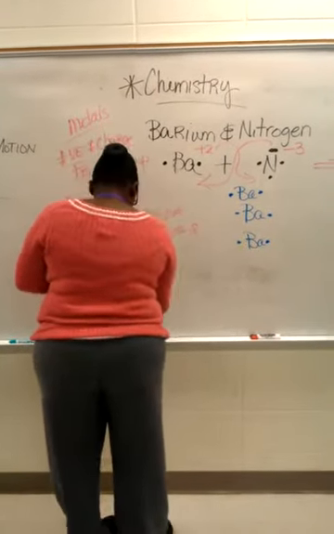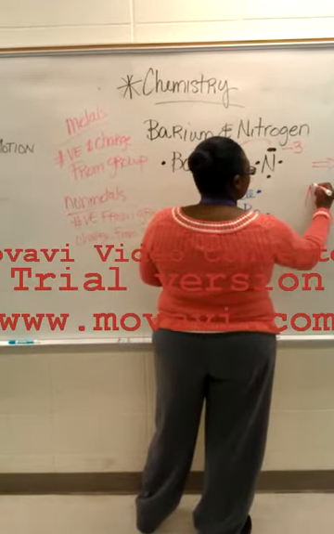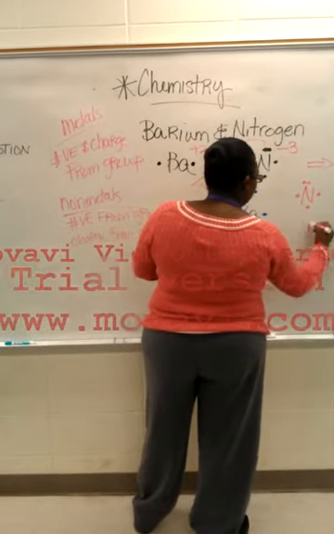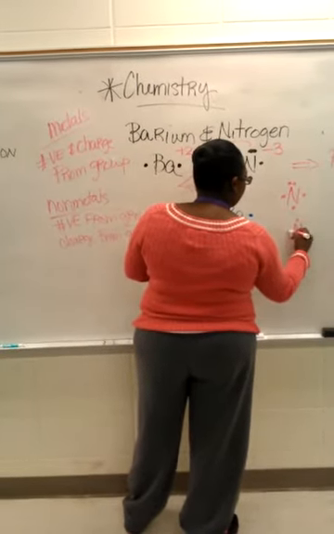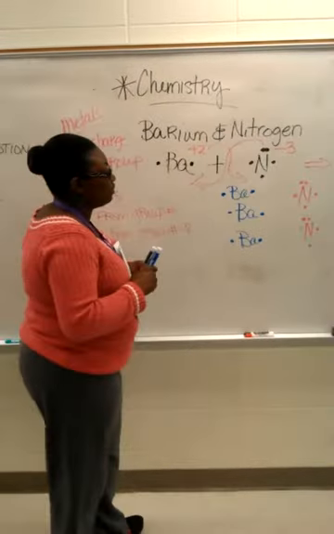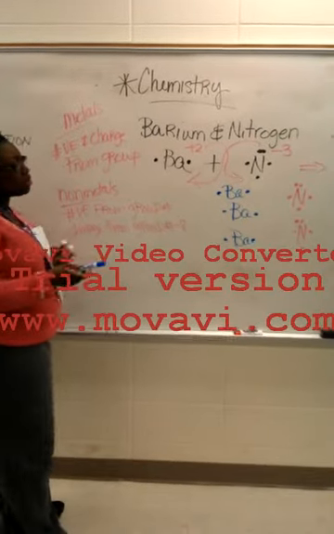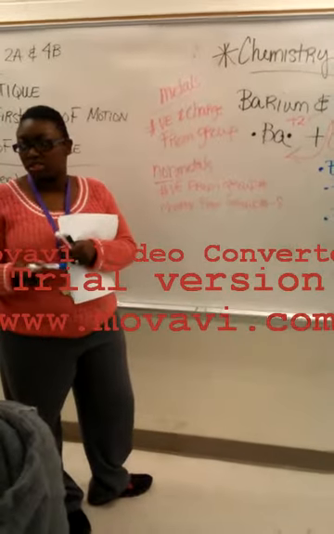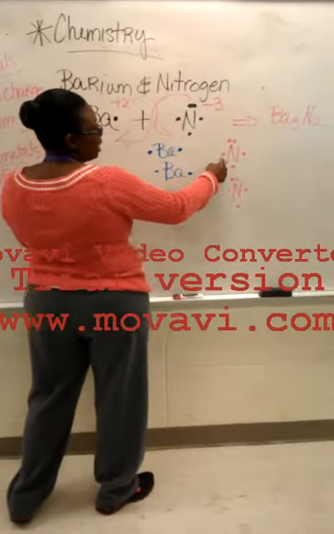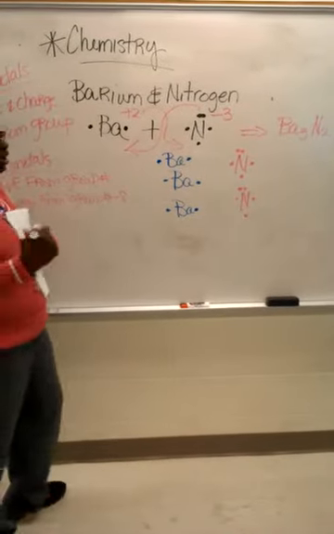Each one of them having how many valence electrons? 5. Alright. Now, do you see space for barium to give away its electrons to nitrogen? Yes. You got space here, here, and here. Each one of them can take 1 electron.